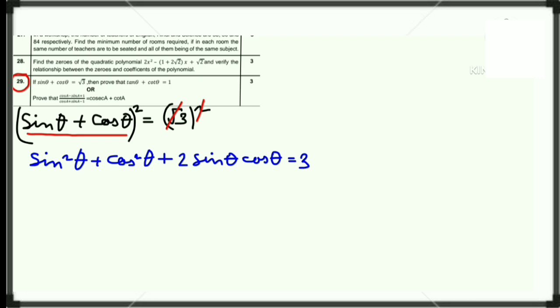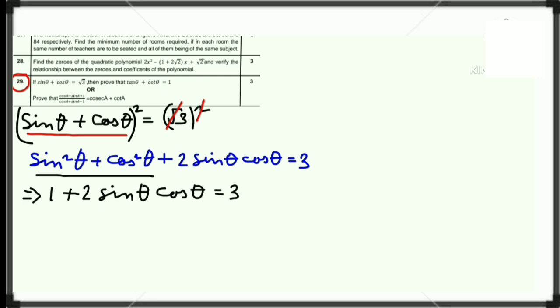Now, sin square theta plus cos square theta is equal to 1, plus 2 sin theta cos theta equal to 3.